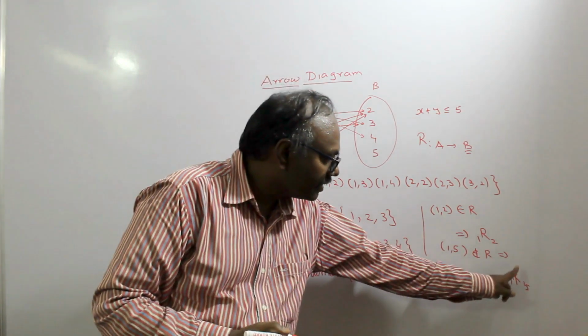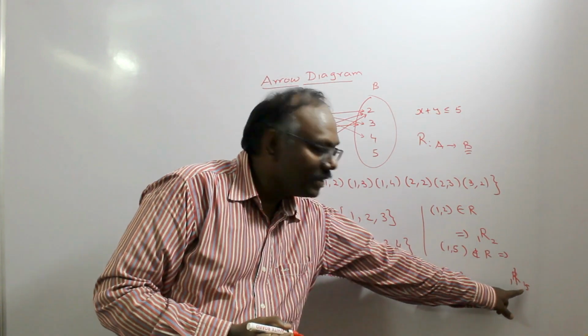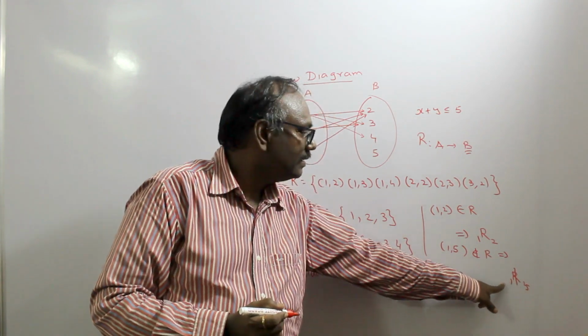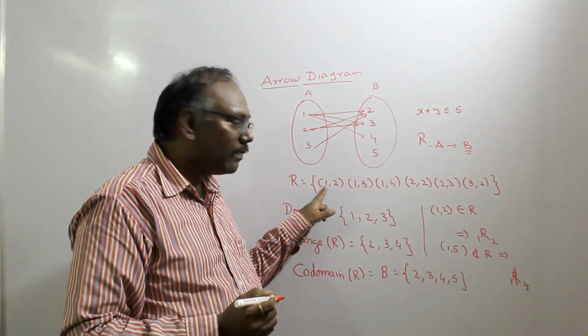So you write R with a slash saying that 1 is not related to 5 through a relation R. Whereas (1, 2) is a member of this relation.